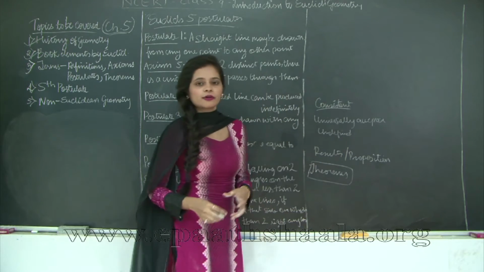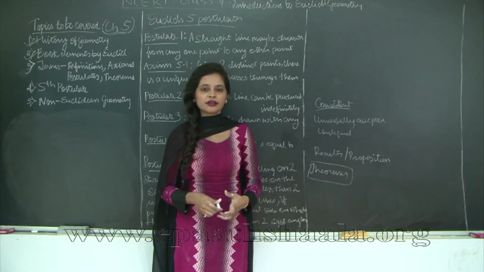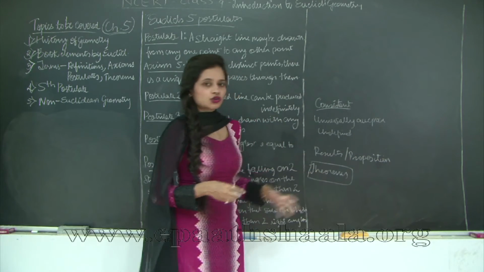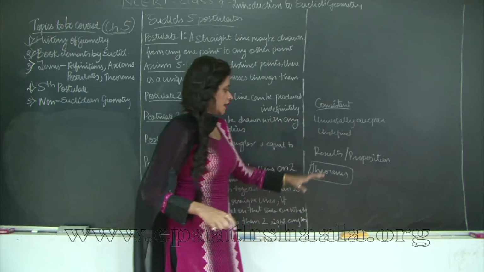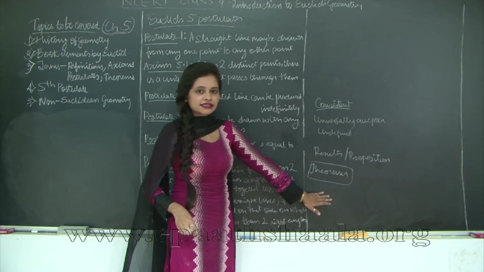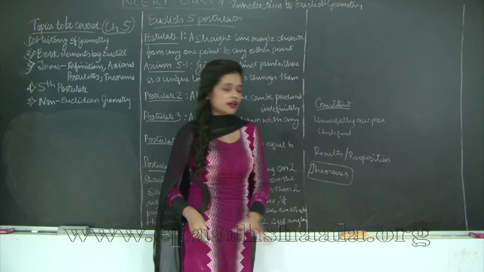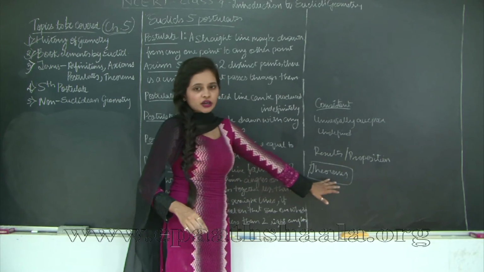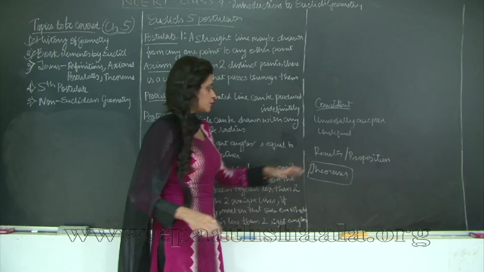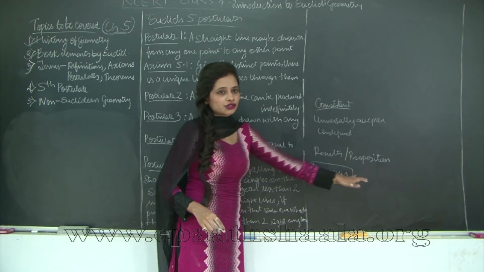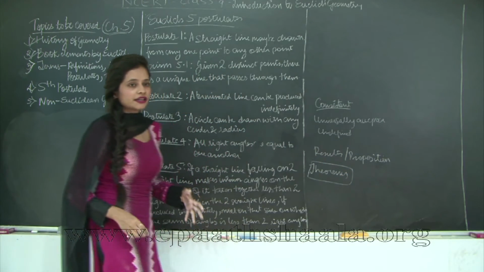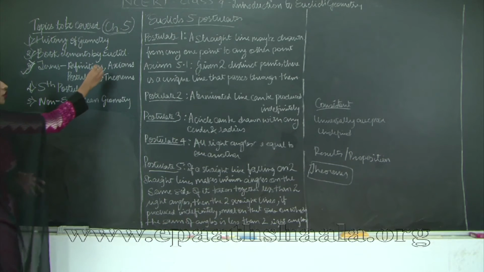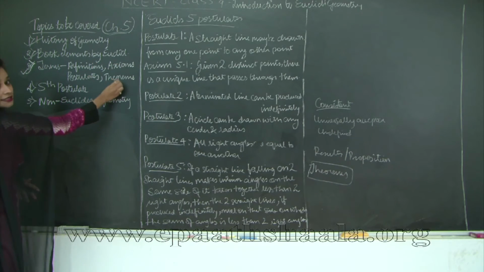So theorems are going to be a formal statement mentioning a certain result. When a statement is given, the theorem will be the statement, and you will have to go ahead and prove it. That is why theorems are statements which are further going to be proved, which is why they are results or propositions. So with this we have completed our section on terms, which consists of definitions, axioms, postulates and theorems.